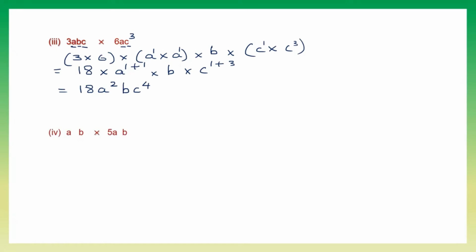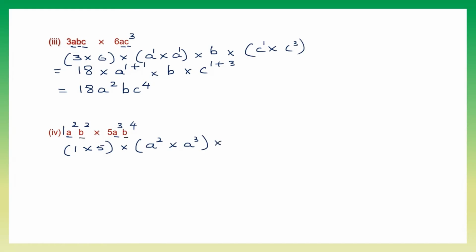Question 4. A squared b squared into 5a cubed b to the power of 4. Okay, so here the number is 1. So if we take the numbers, it is 1 into 5 into, let's take only a. Here we have a squared and a cubed. A squared into a cubed into, let's take the b's.